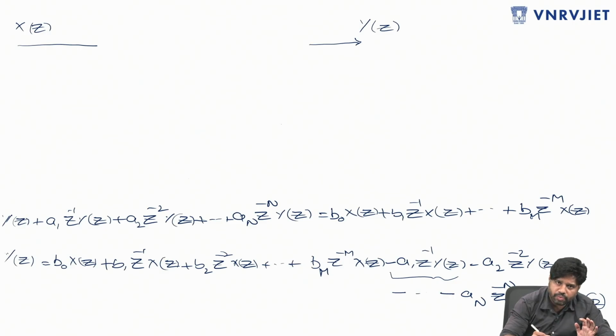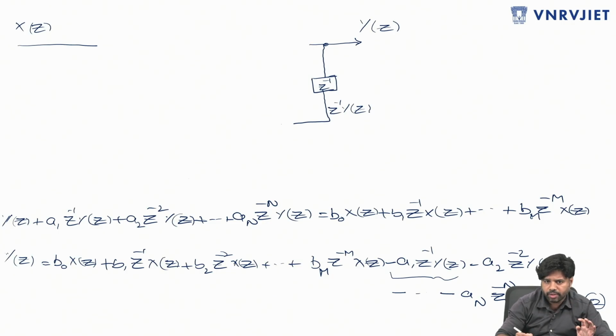So this is the signal y of z, and this is also y of z signal, and here first mention the unit delay element z power minus 1, and now here the output will be z power minus 1 y of z, and what is the missing parameter here? Constant multiplier, and that constant multiplier is minus a1.